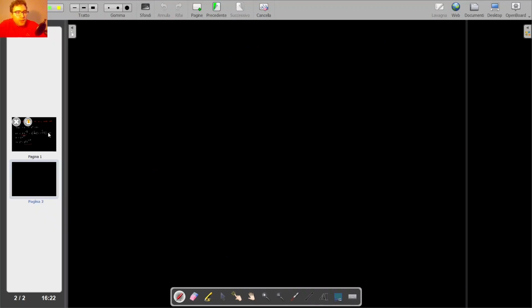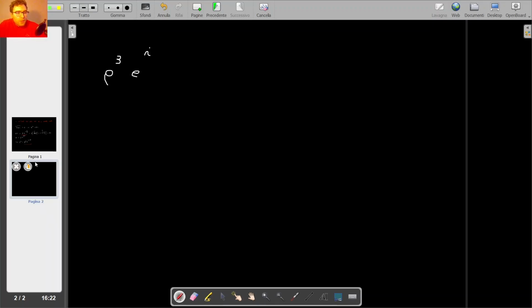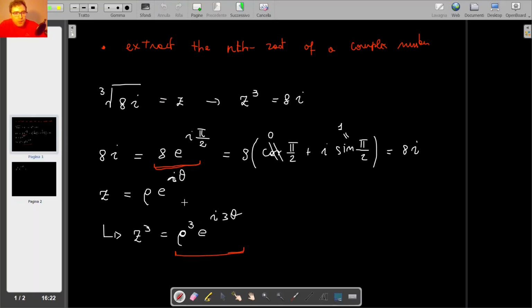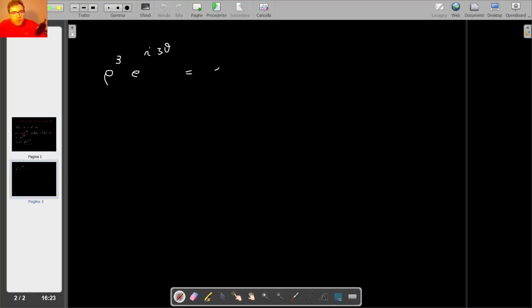We have that rho raised to the third power e raised to i 3 theta is equal to 8, which multiplies e raised to i pi over 2.